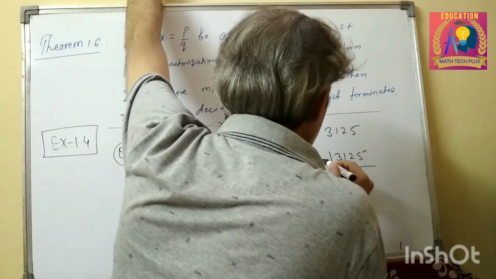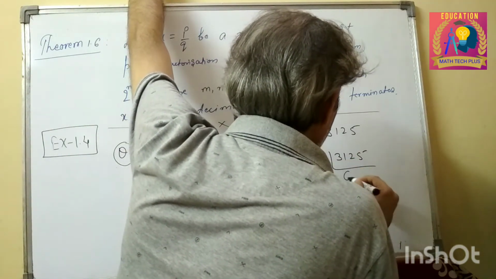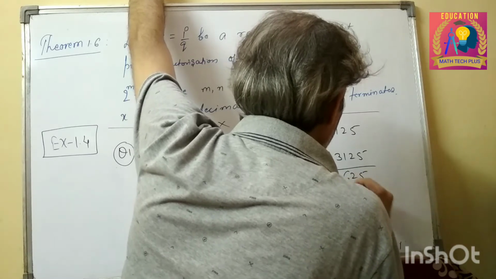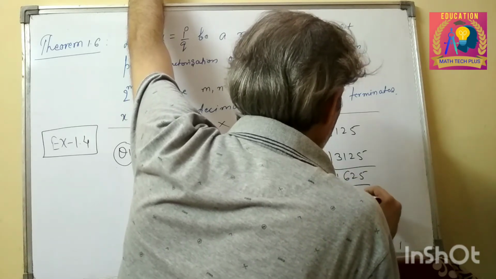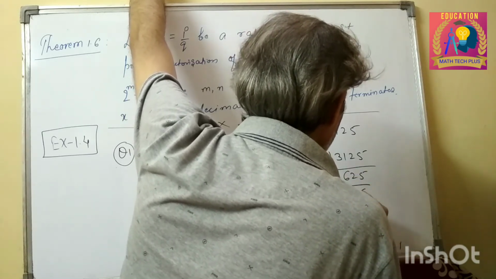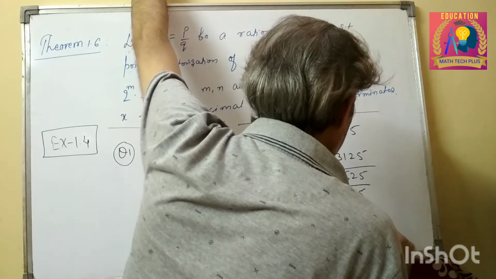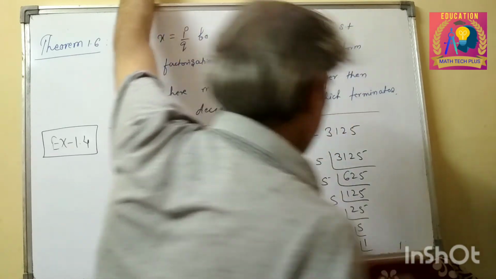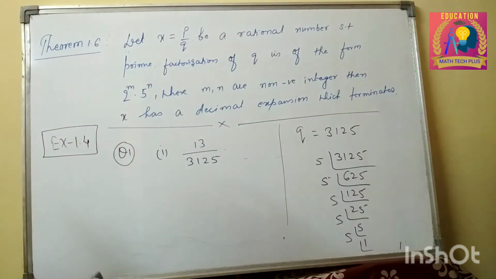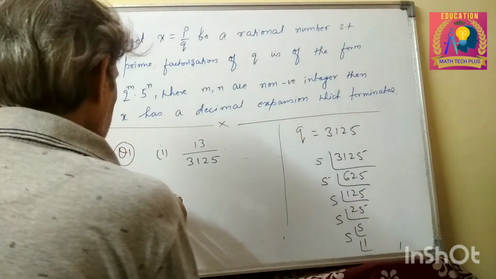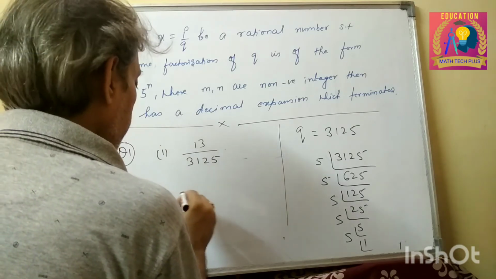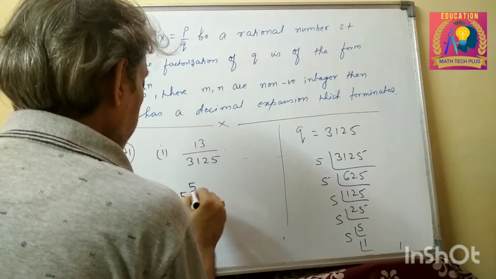So I am going to divide by 5. What we are getting? 625. Again divisible by 5, 125. Go on dividing, we are just factorizing this. So finally what we are getting? q equals 5 raised to the power 5.